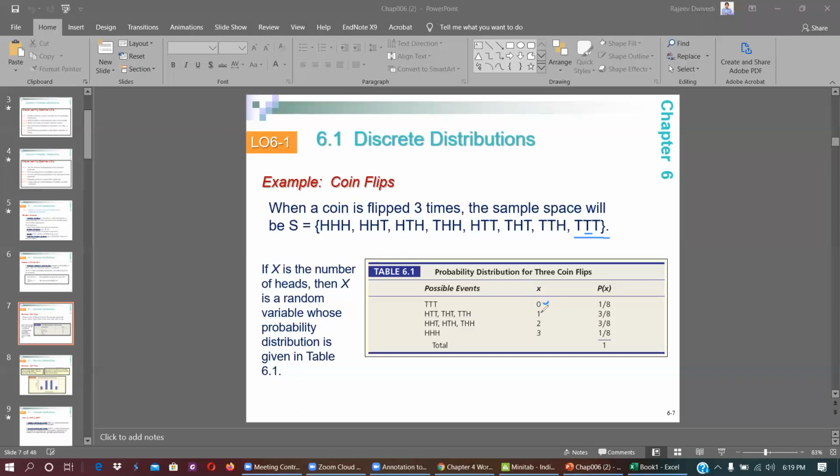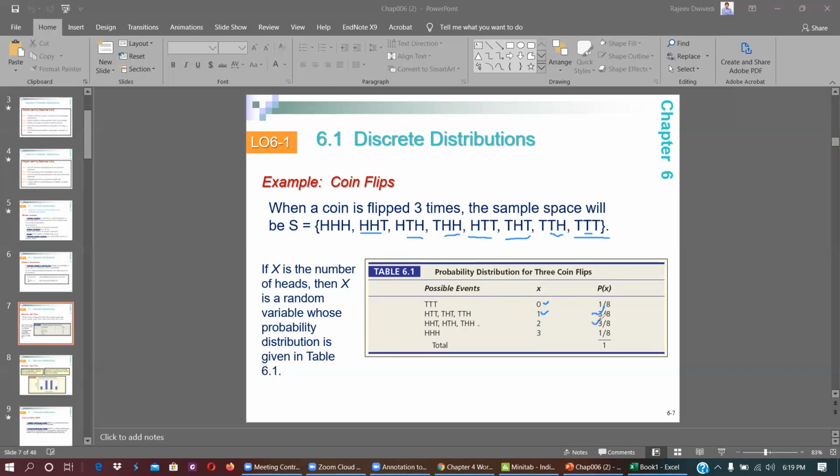At least one head. Here in this case you have at least one head, in this case you have at least one head, in this case you have at least one head, which is three cases where you have at least one head. Now look into this case, at least 2 heads, 1, 2, 3. Here you have 3 cases.